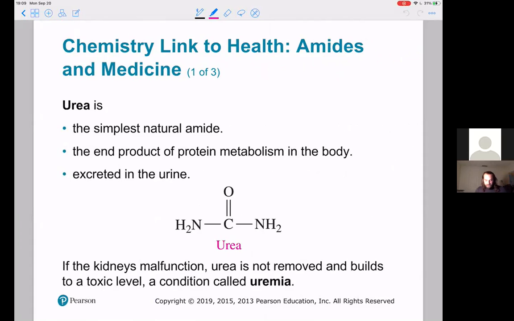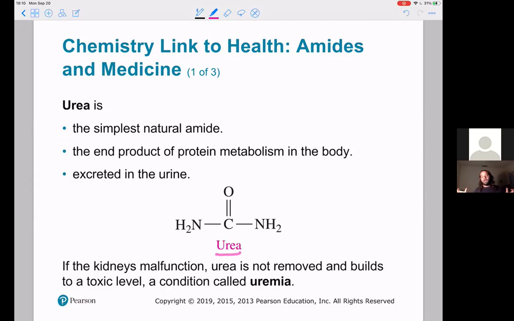Okay, the simplest amide that occurs in nature, and actually a very famous molecule in the history of organic chemistry, is what's called urea, which is an amide that's excreted in urine. It's famous because it was the first molecule that was both discovered in the human body and made in a lab, right?